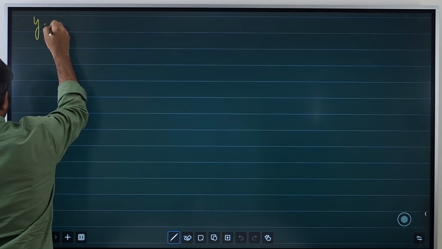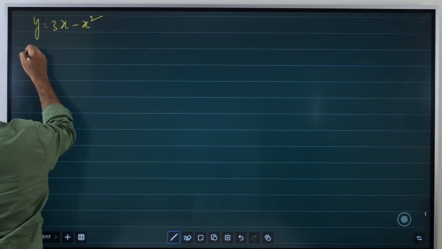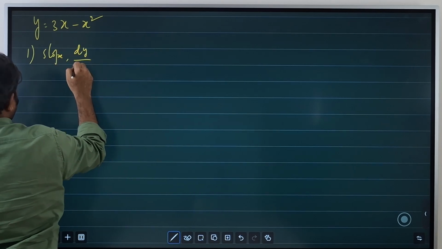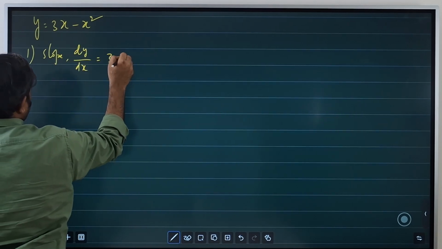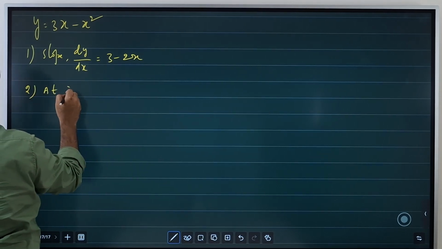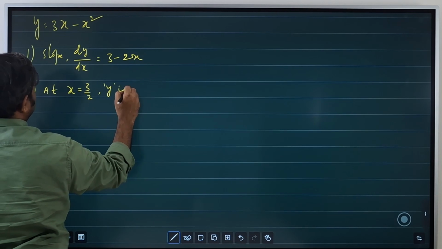So slope is 3 minus 2x. At x is equal to 3 by 2, y is maximum.